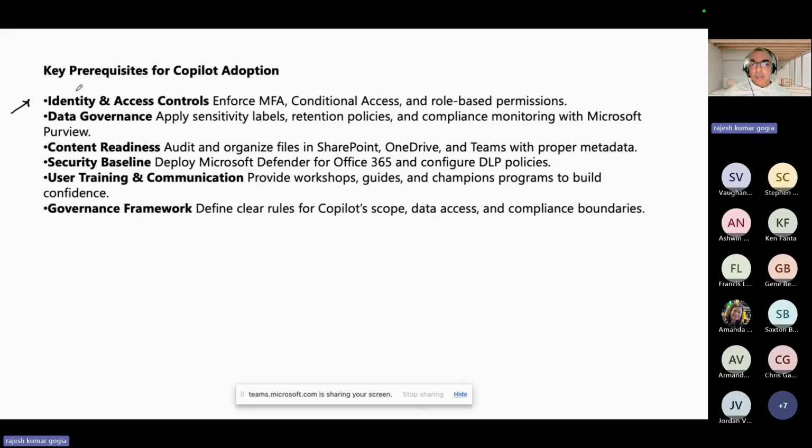If I talk about identity, as we are using Microsoft cloud services like Microsoft 365 or Azure, let me tell you that Entra ID is one of the services which comes as a PaaS, platform as a service.